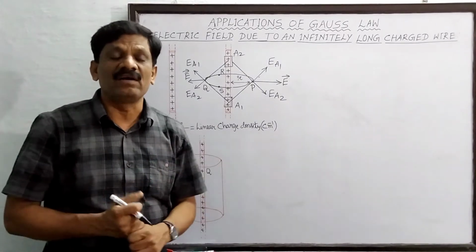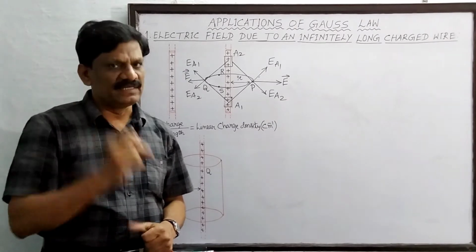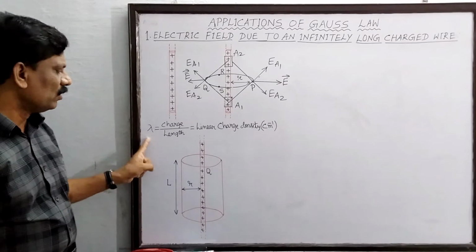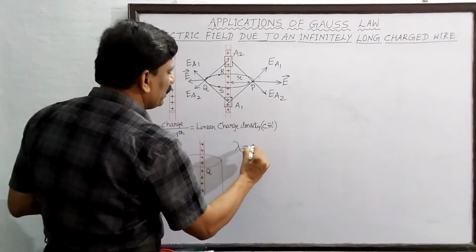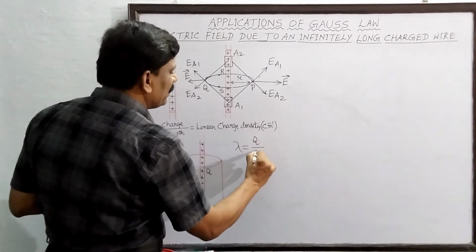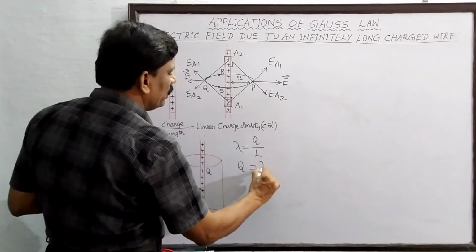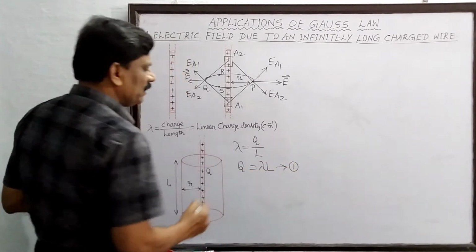What is the name of the constant? It is the linear charge density, denoted by the symbol lambda. So lambda is equal to Q divided by L, or Q is equal to lambda into L. This is equation 1.